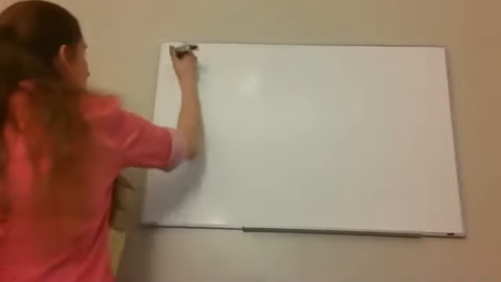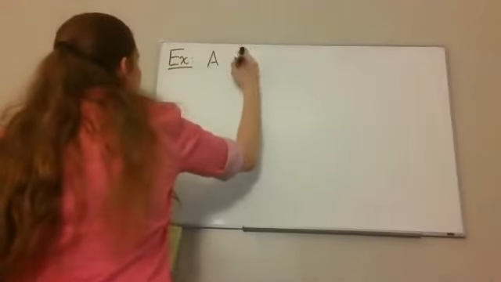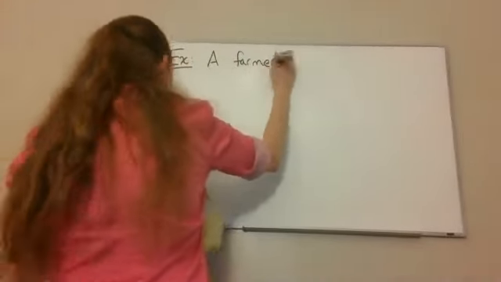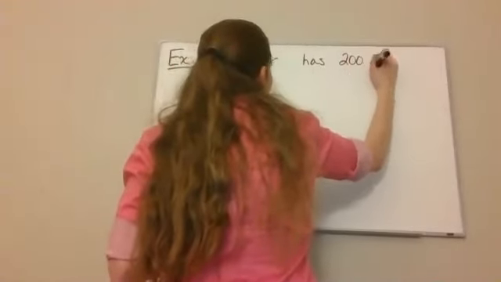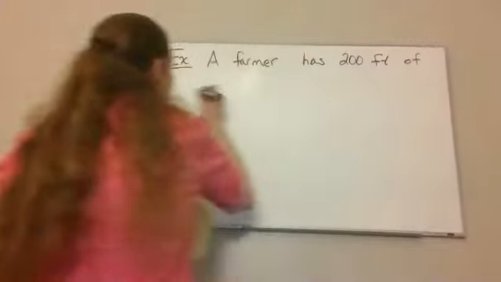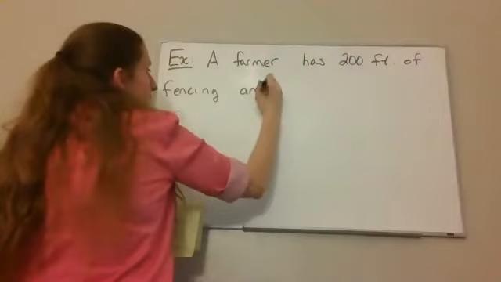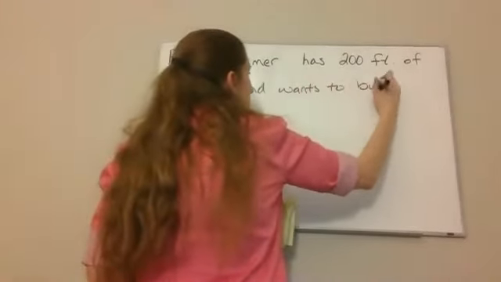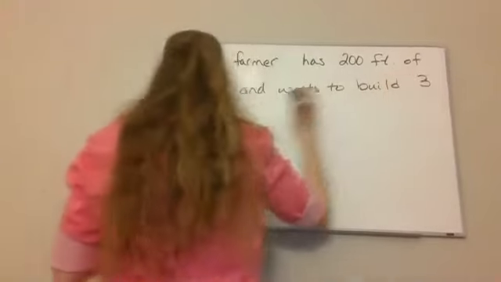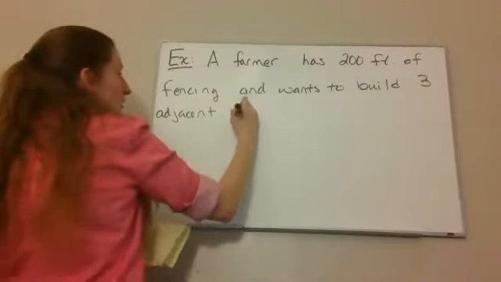Let's finish up with one last word problem. We have a farmer who has 200 feet of fencing and wants to build 3 adjacent rectangular corrals.